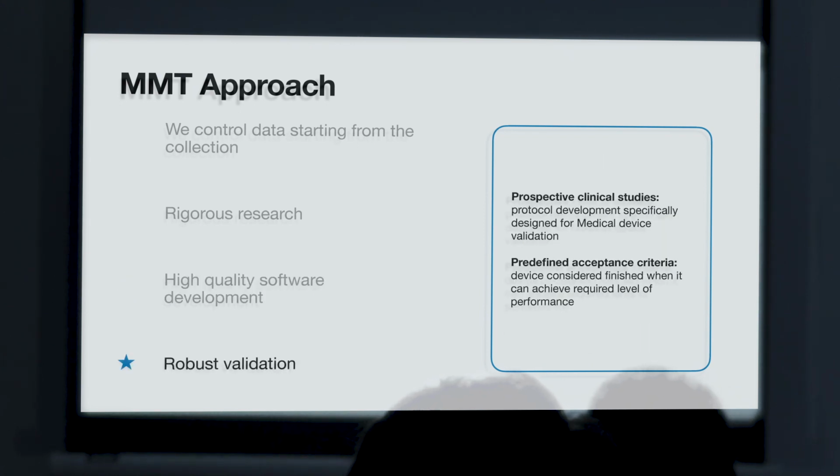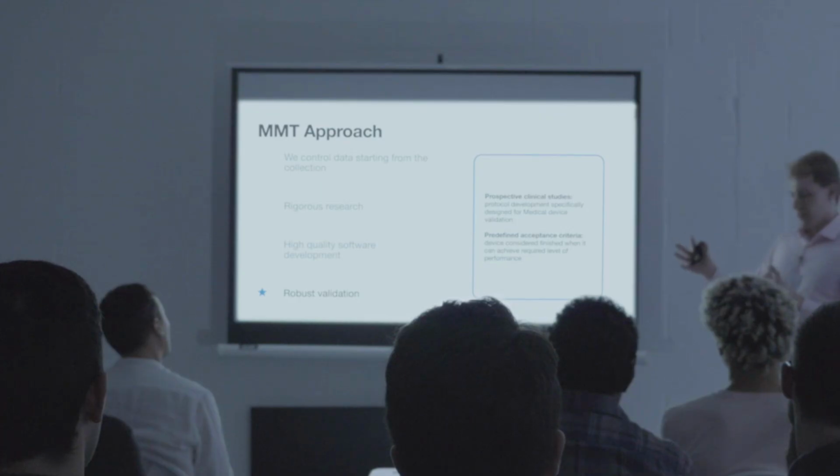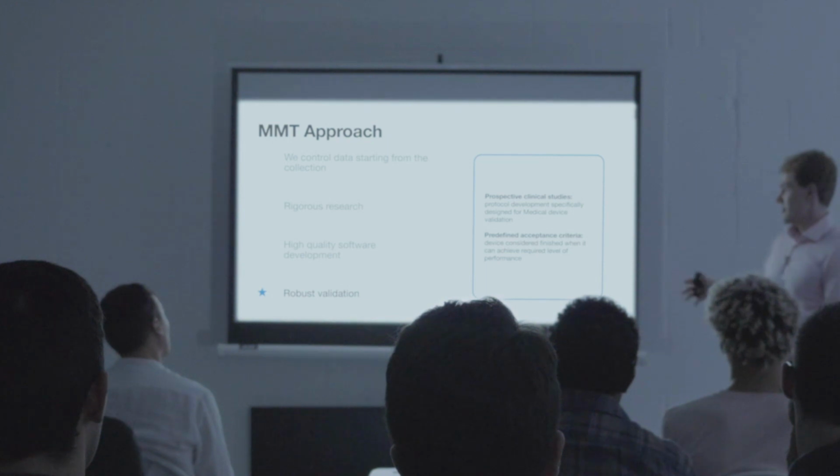Validation. Last step, but often the hardest step, to show that your medical device actually works. It is a classical approach. I think many of us here are familiar with it as a clinical study or clinical trial, ideally a prospective clinical trial. And we develop studies and protocols that can support claims that we make for medical device validation.